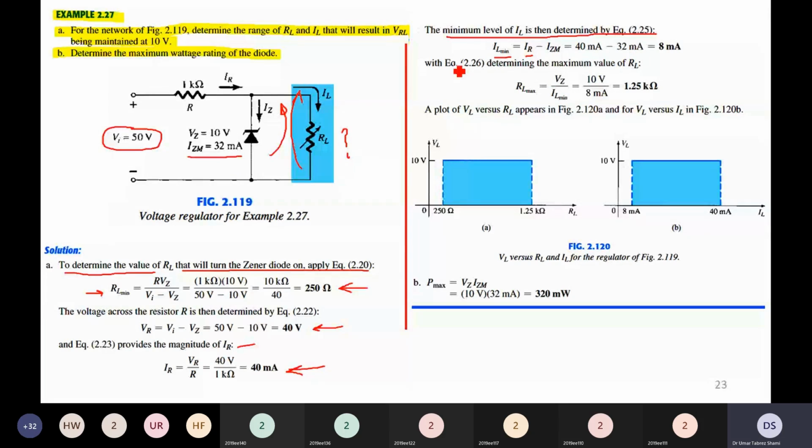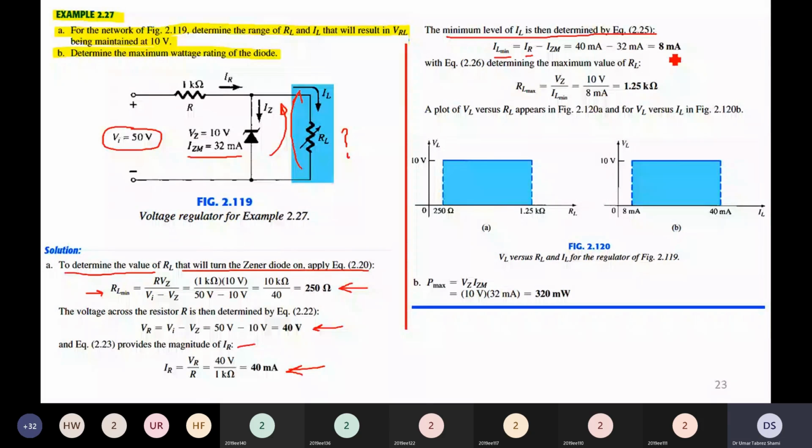Remember that this 40 milliampere is the constant current that the circuit can provide. This 40 milliampere is the constant current that the power supply will provide under such circumstances, and our load current will be extracted from this 40 milliampere alone. The minimum load current is 8 milliampere.